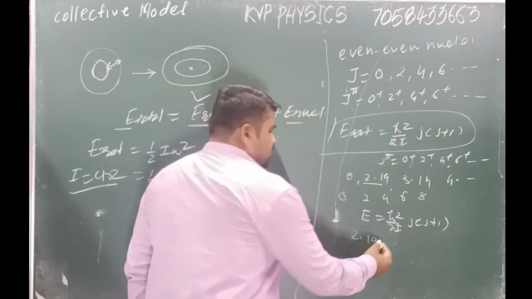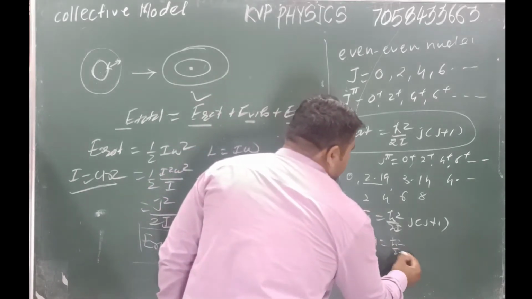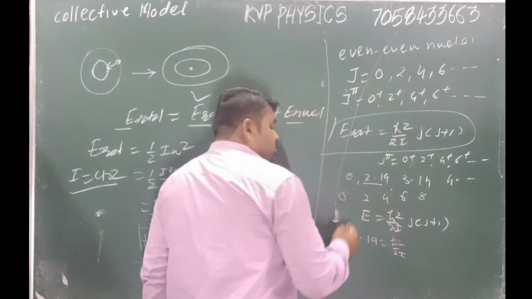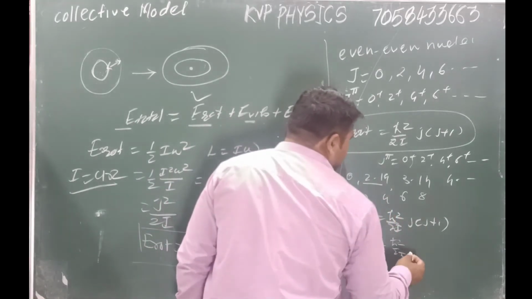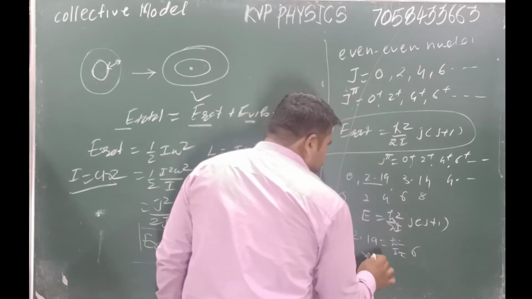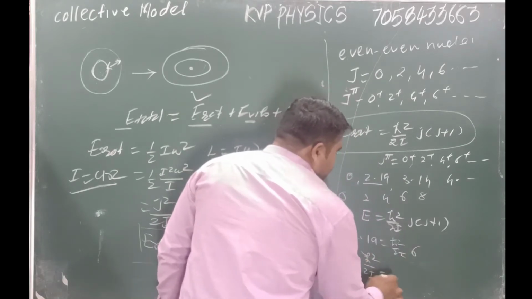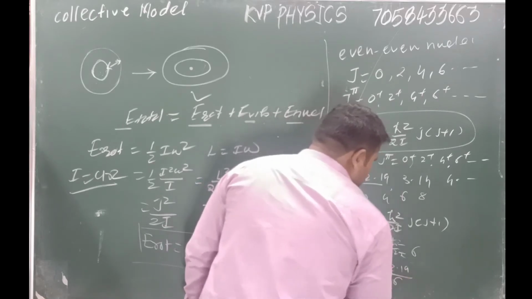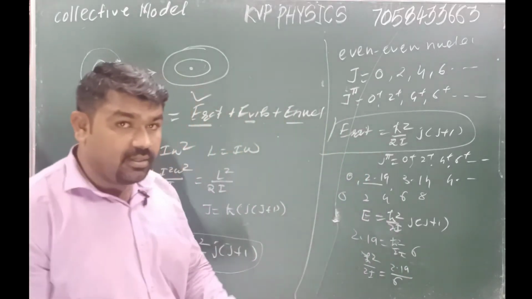So 2.19 is equal to h cross square upon 2I, J into J plus 1. Suppose what is the value of J here? J is equal to 2. 2 into 2 plus 1 is 3, 3 into 2 is 6. So what is the h cross square upon 2I value? It is 2.19 upon 6. Got it?